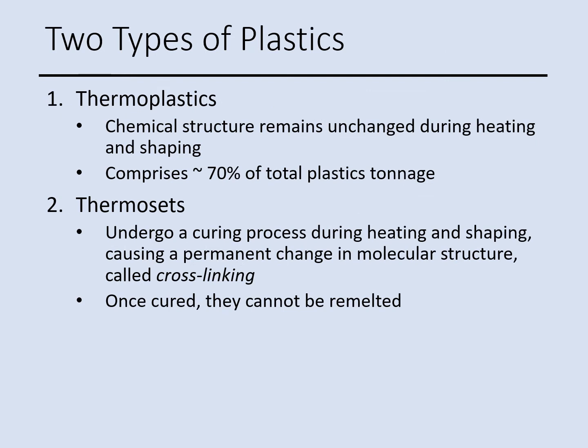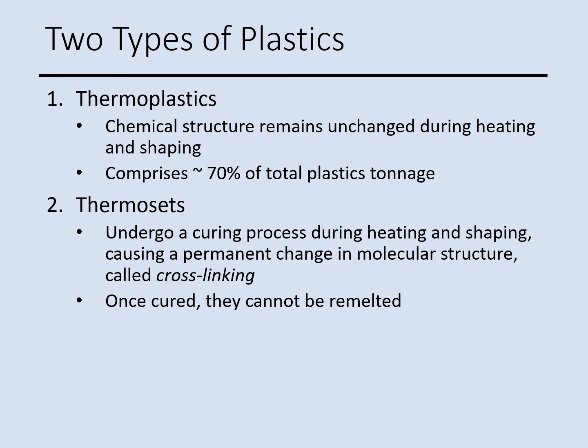In chapter 8, we talked about two types of plastic. Actually, we talked about three types. We had thermoplastic, we had thermoset, and rubber material. But here we are looking at two types. Thermoplastic has chemical structures that remain unchanged during the heating and shaping process, and this type of plastic comprises about 70% of the total plastic tonnage.